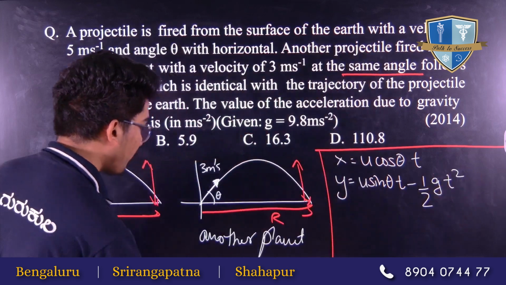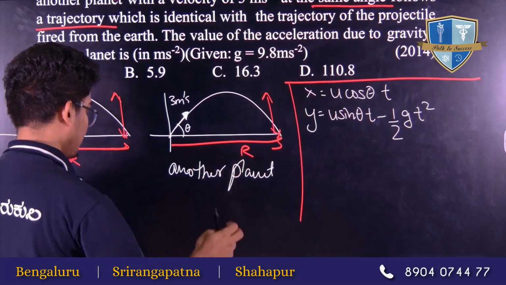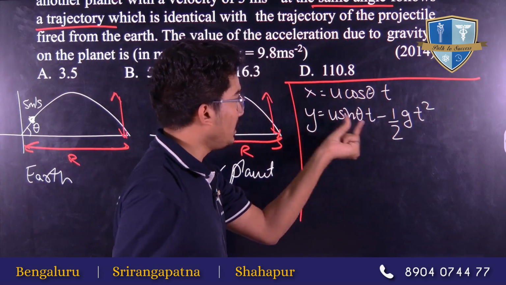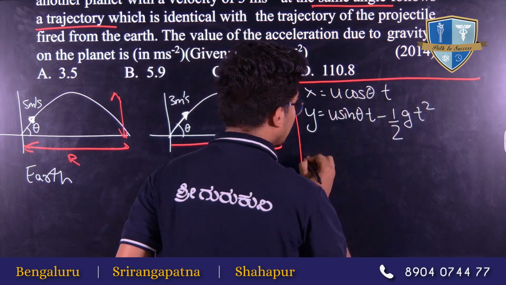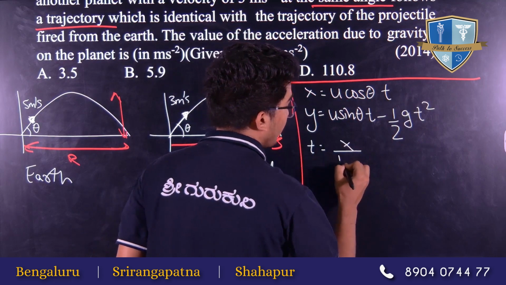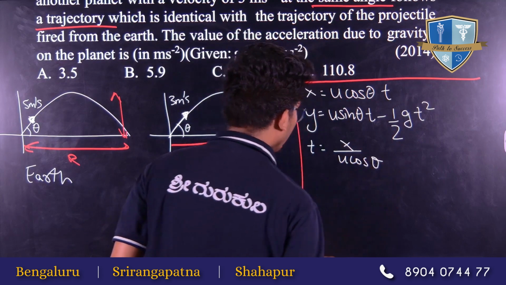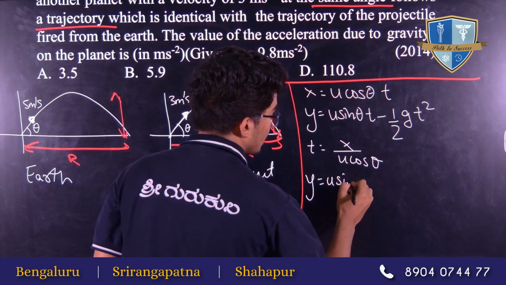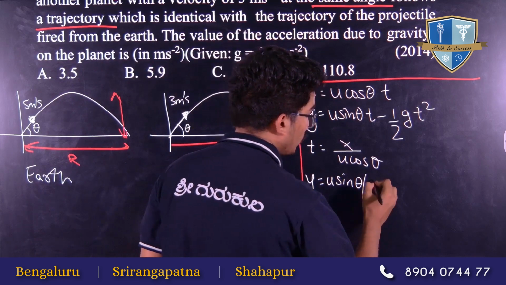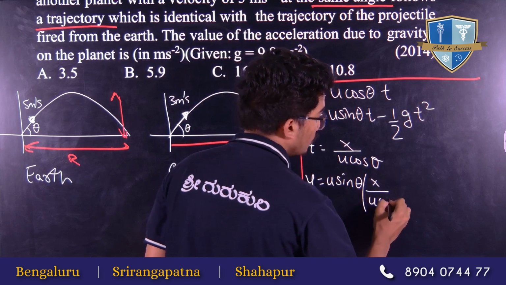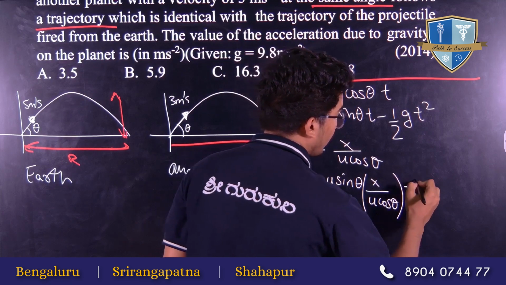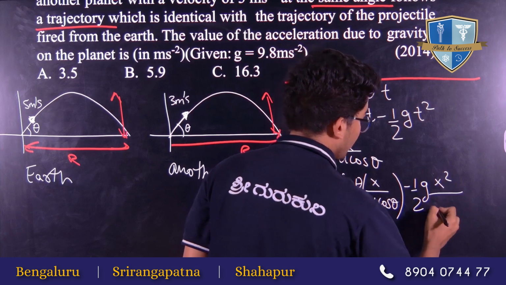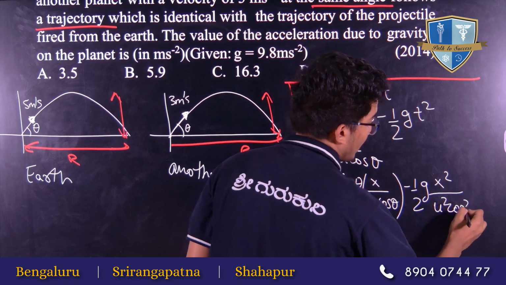Correct? Now we can find the equation of trajectory from this. How will we find it? We will calculate t from here and put t in this equation. So t is equal to x divided by u cos theta. It means y is equal to u sin theta into x divided by u cos theta, minus half g t square, which means x square by u square cos square theta.